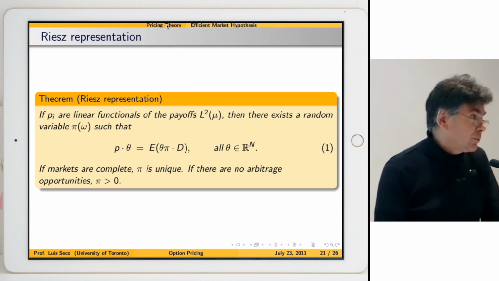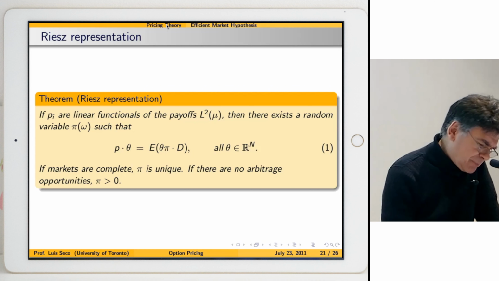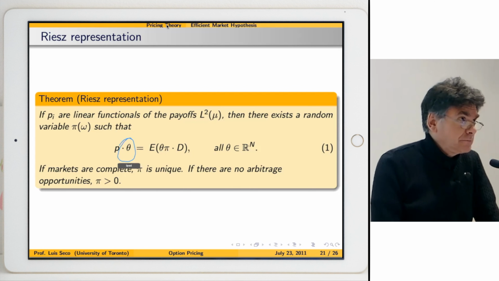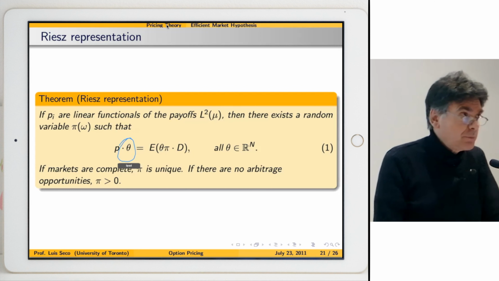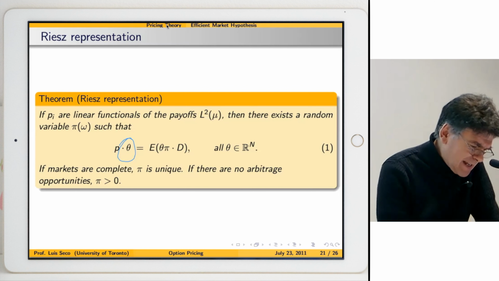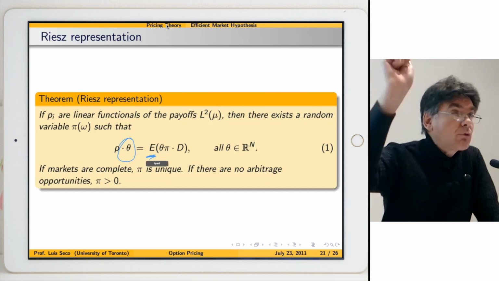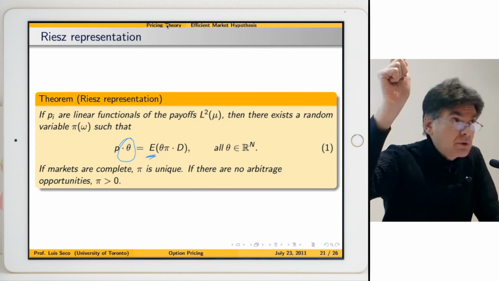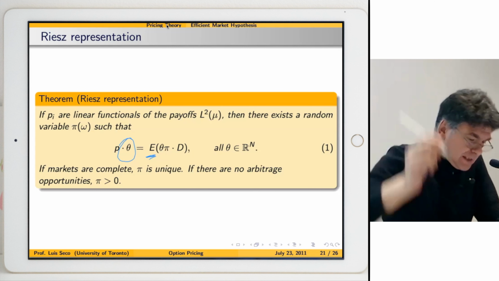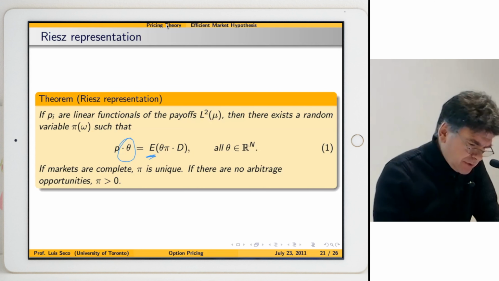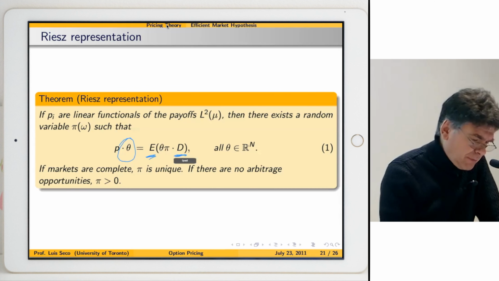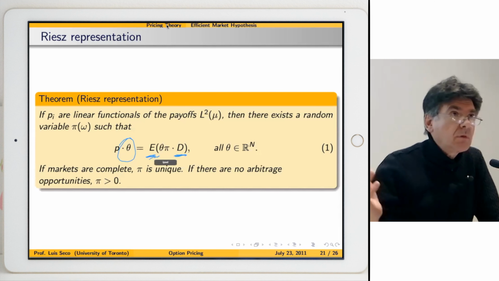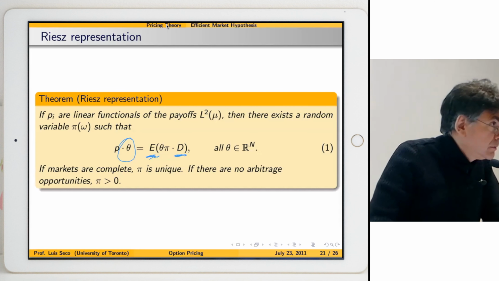Big deal. And look what this does. This is the price of my portfolio, this is my theorem. The price of the portfolio is the expectation with the wrong measure. Remember the 50-50, it's the expectation with the wrong measure of the payoff of my portfolio. This looks wrong.